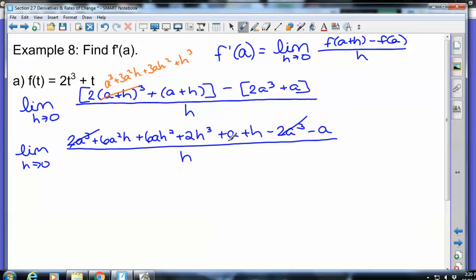The 2a cubeds drop. One more thing. Okay, the a's drop. Can I go ahead and cancel an h out of everything? So that would leave me with 6a squared plus 6ah plus 2h squared plus 1 when you cancel that h out.